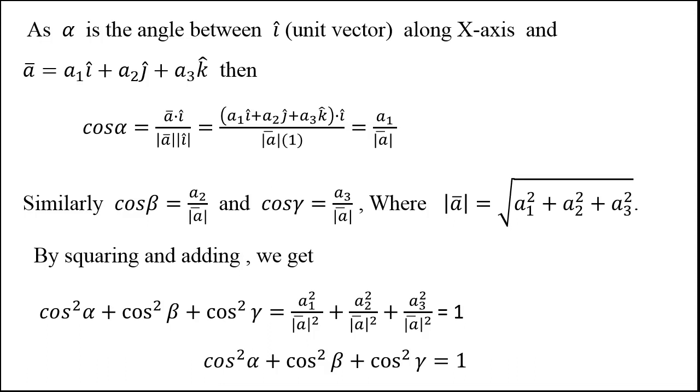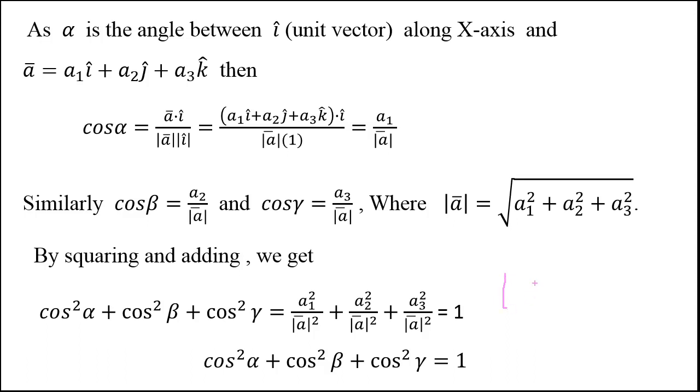That means if the direction cosines of a line are cos alpha, cos beta, cos gamma, then the sum of their squares is always 1. The sum of the squares of DCs of any line is always equal to 1. Generally, we denote these direction cosines by letters l, m, n.